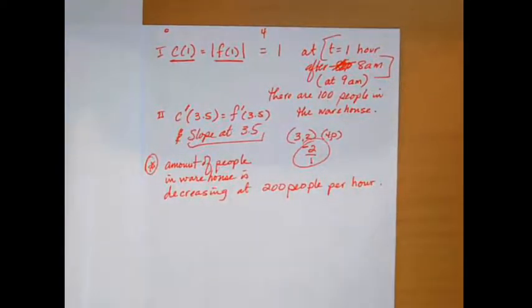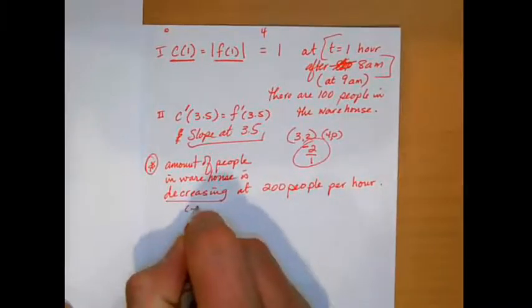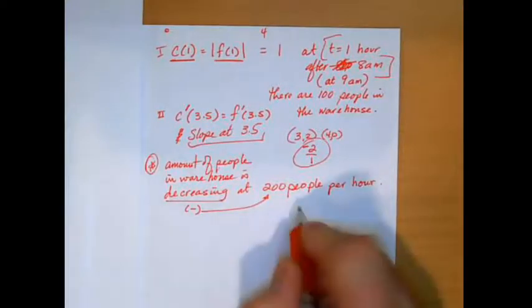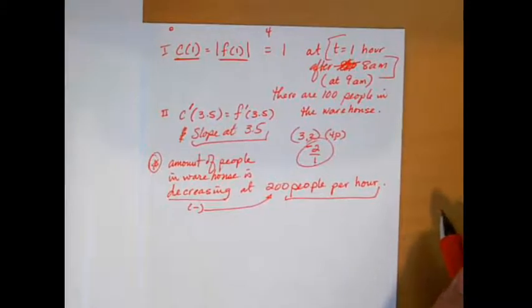You do not need to write decreasing at -200 people per hour, because you're using the word decreasing, you're assuming that net number is negative. Does that make sense? I'm hoping. Make sure you use correct units. There's your units, people per hour, because we're finding the change in time. Okay.